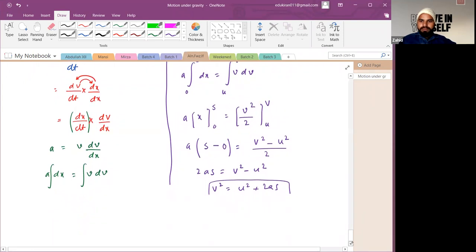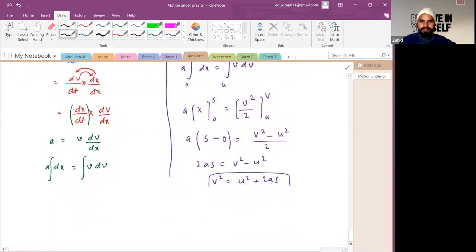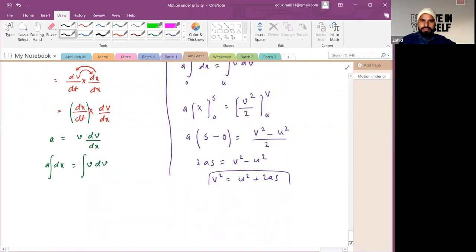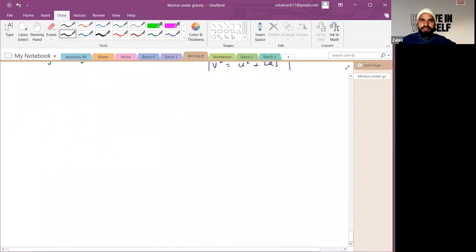So this is all about non-uniformly accelerated motion. Next term is graph related to this. In graph, we mainly define two terms. One is called slope and next is area.